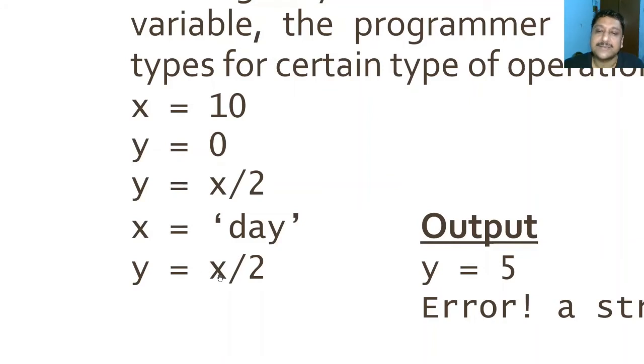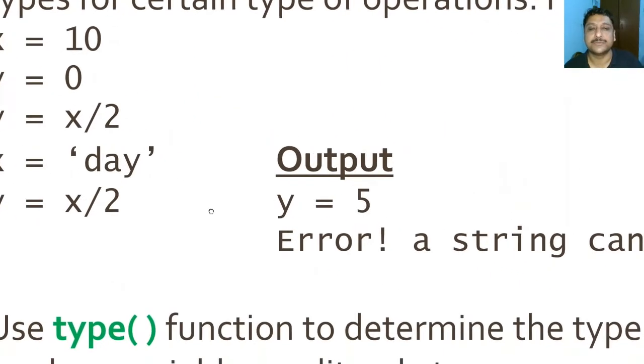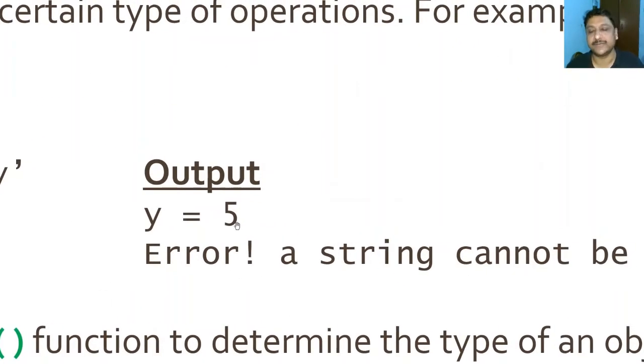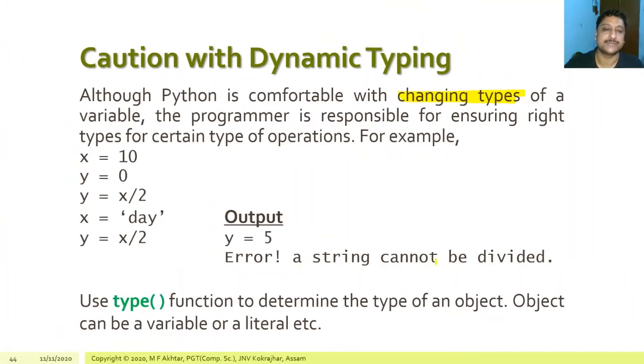Then here it will give you an error, because x has now become a string type, and a string cannot be divided by a number. Okay, it is not possible. So the output will give you y equals 5 first time, but next time it will give you an error because a string cannot be divided by a number.